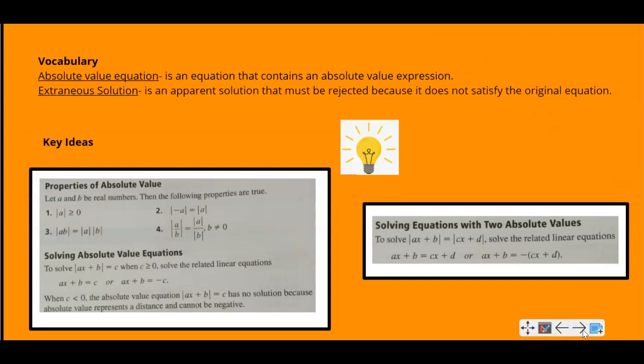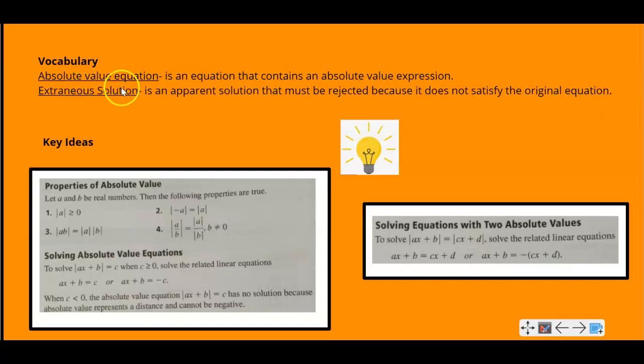All right, some vocabulary that you need to know, and make sure you put these in your notes. An absolute value equation is an equation that contains an absolute value expression. An extraneous solution is an apparent solution that must be rejected because it does not satisfy the original equation.